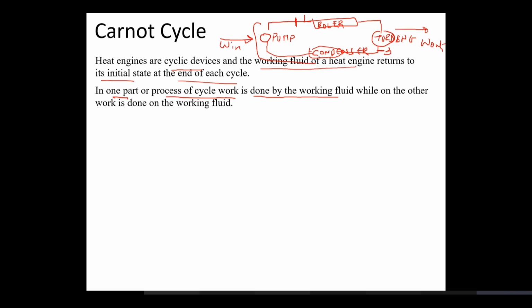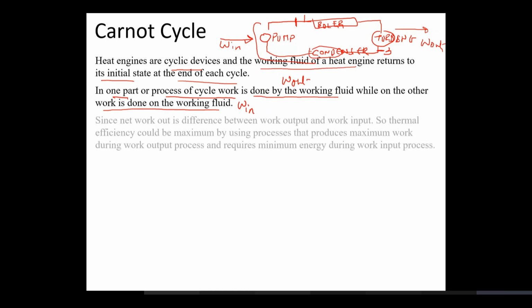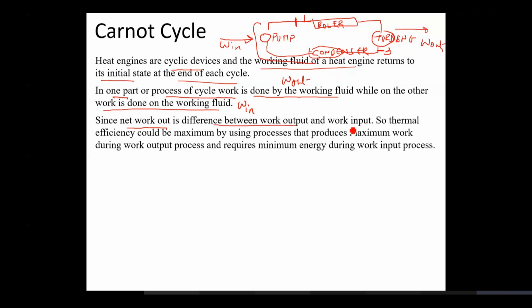So there are two parts of the cycle. In one half, the working fluid is producing turbine work out, and in the other part, there is work done on the fluid by the pump. The net work out is the difference between work output and work in.